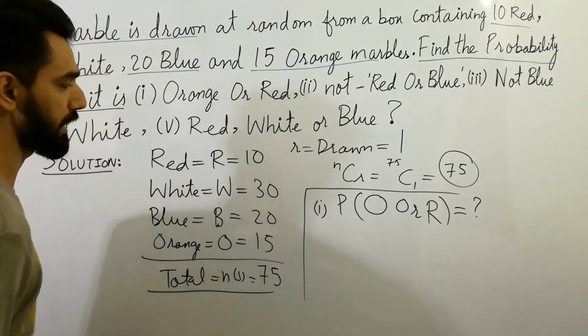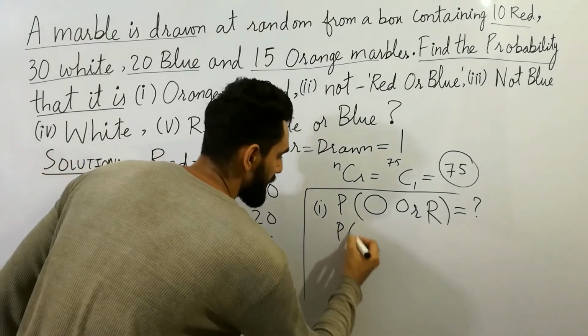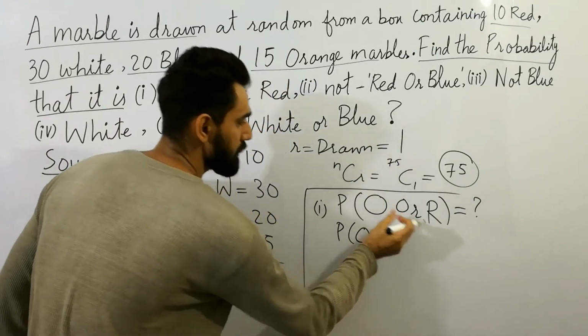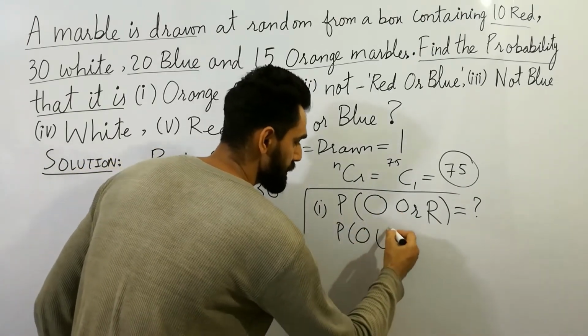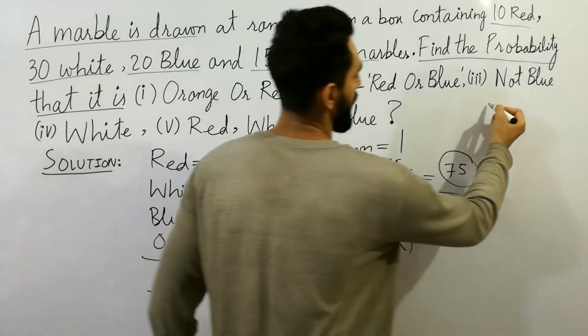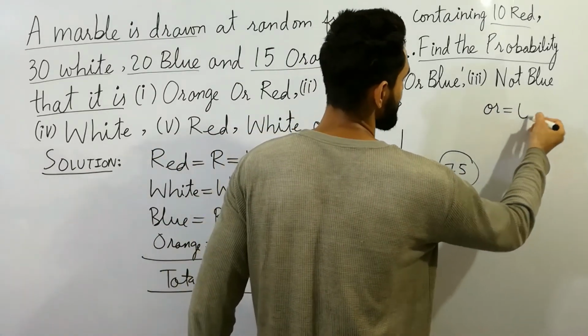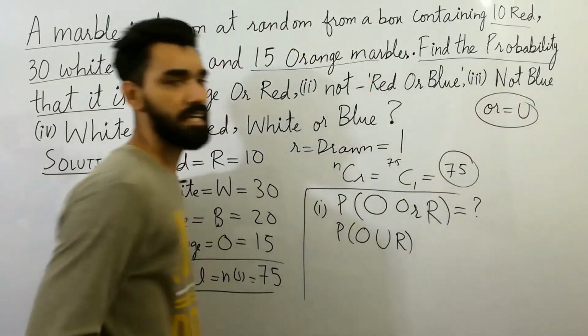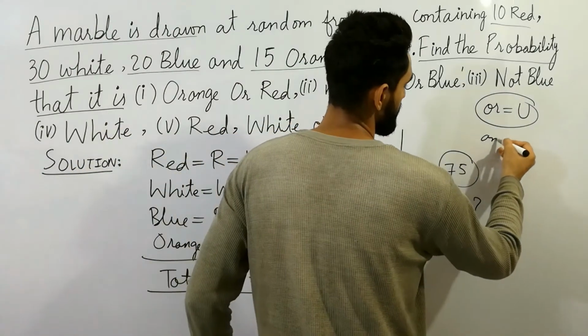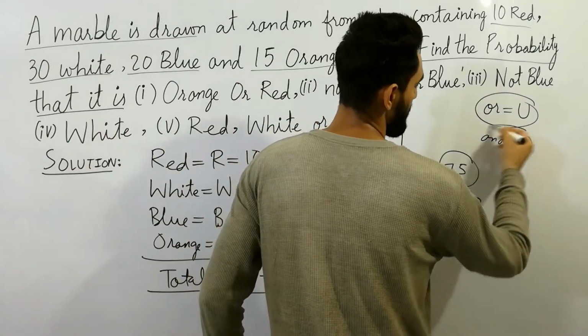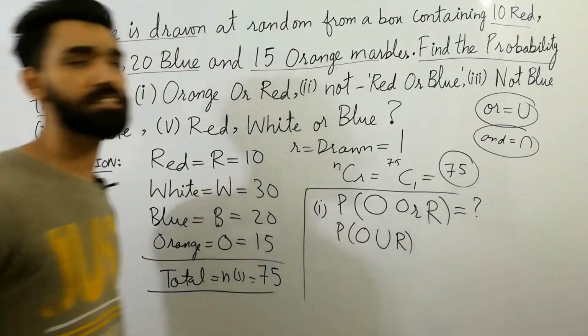You can easily solve that. Must remember that OR is always equal to union, and AND is always equal to intersection. These are the very main points I have discussed.